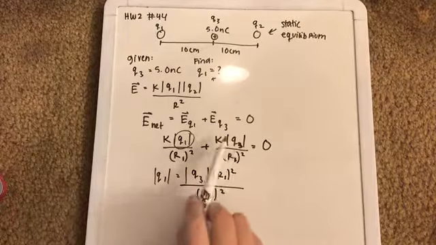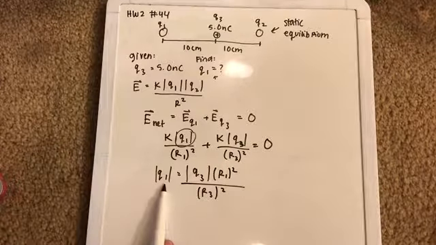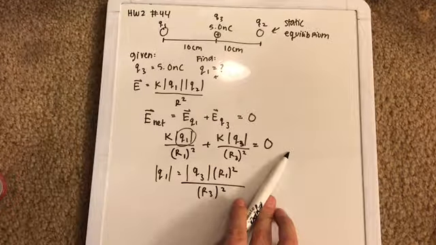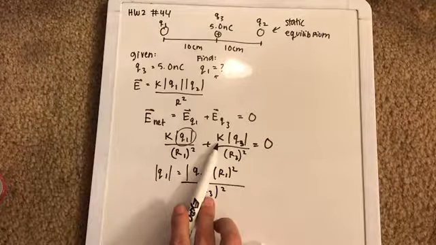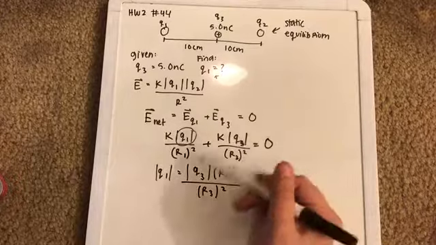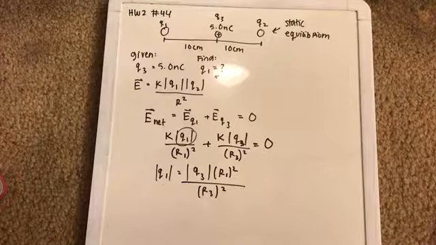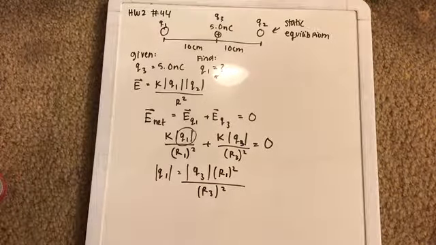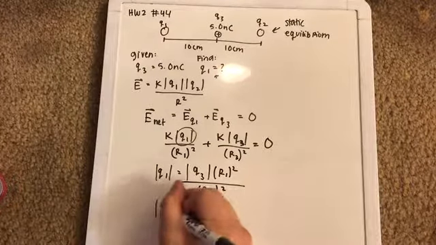So what I did here was I isolated my variable Q1 by bringing all of these variables to the right side of the equation. And you no longer see K because K was on both sides of the equation, so I was able to cancel those out. So we don't need to pay attention to those variables anymore. And basically the rest of the problem is just plugging in our given values and figuring out Q1. So I'm going to go ahead and do that.